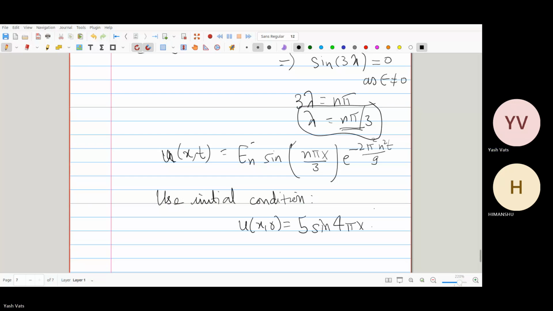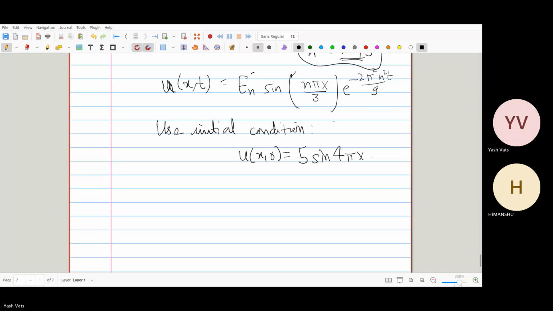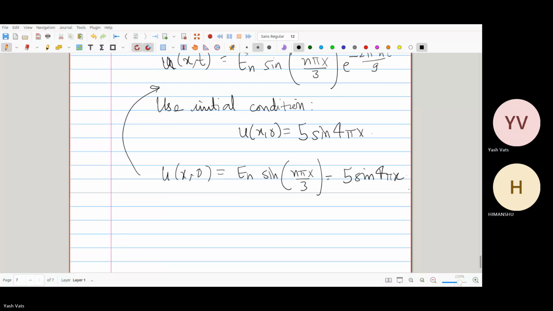So you just substitute it here and find that u(x,0) is e_n sin(n pi x over 3) equals 5 sin(4 pi x). So what value of n should you choose such that e_n is 5?